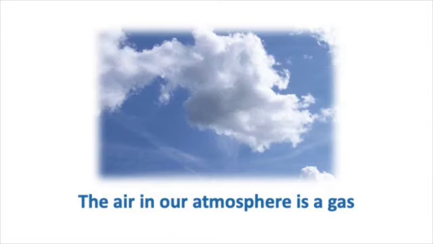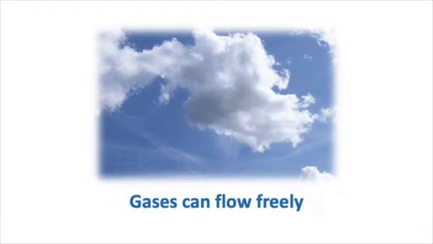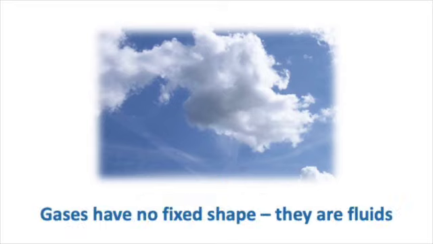Then let's think about the air that's all around us. This is a gas, not a liquid. But gases can also flow freely. They also have no fixed shape. So gases are classed as fluids as well as liquids.